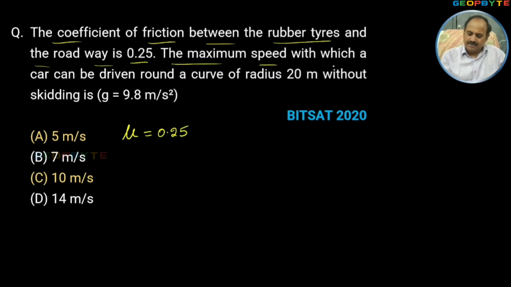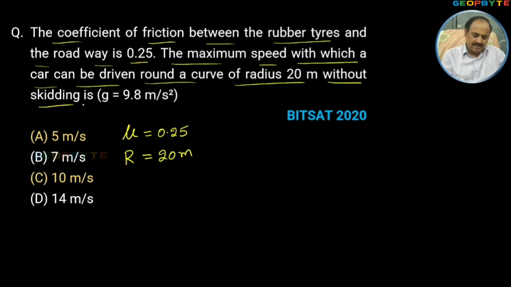What is the maximum speed with which a car can be driven round a curve of radius of curvature r equal to 20 meters without skidding? Look at the g value. Here g is not given; take g equal to 9.8 meter per second square. So at what maximum speed can you drive the car without skidding?